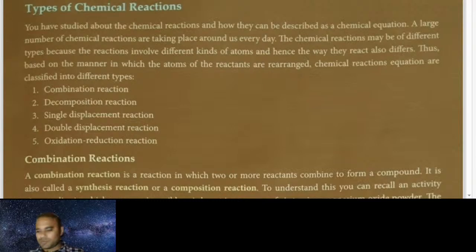Hi students, today we are going to understand types of chemical reaction for the class 10th standard. There are many types of chemical reactions possible. The first type is the combination reaction.